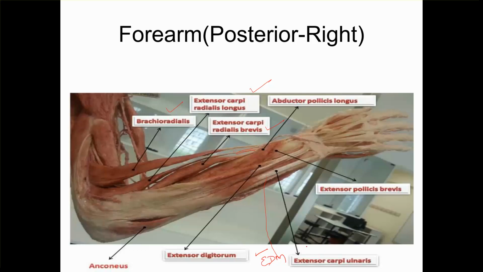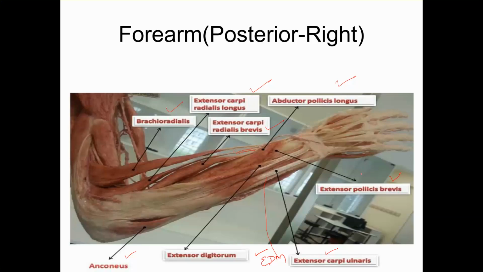And the last muscle over here, extensor carpi ulnaris, and you have anconeus. So all these are the superficial muscles. Then some of the deep muscles are also seen. The deep muscles here are abductor pollicis longus, and along with it, we said there will be extensor pollicis brevis.